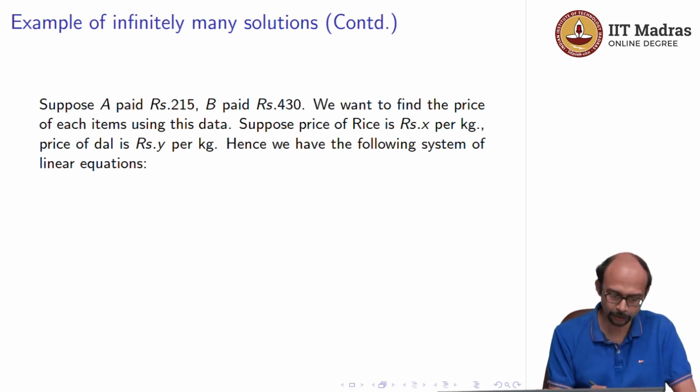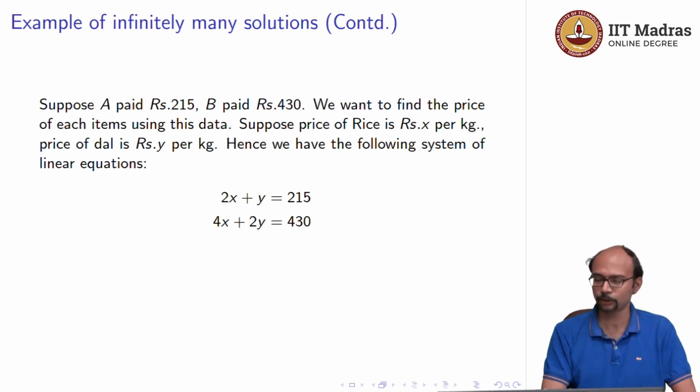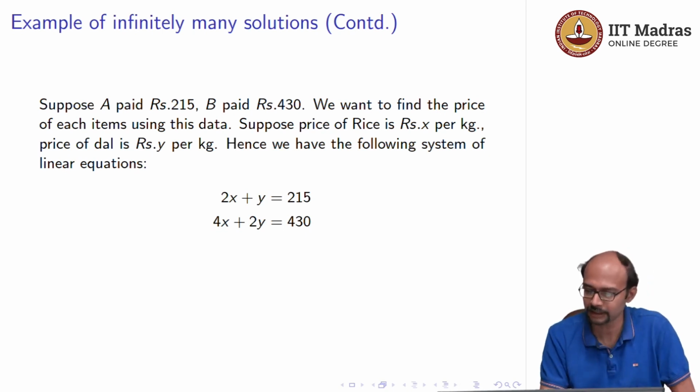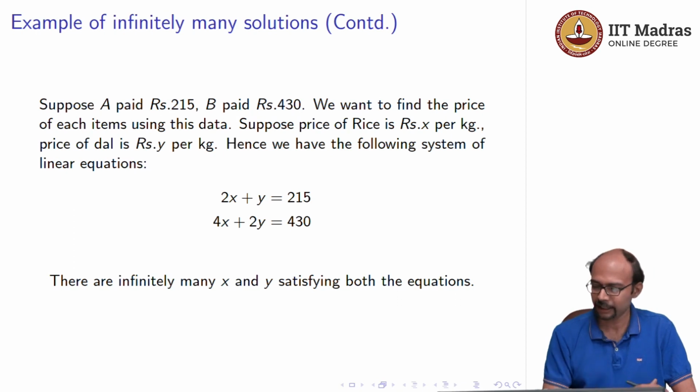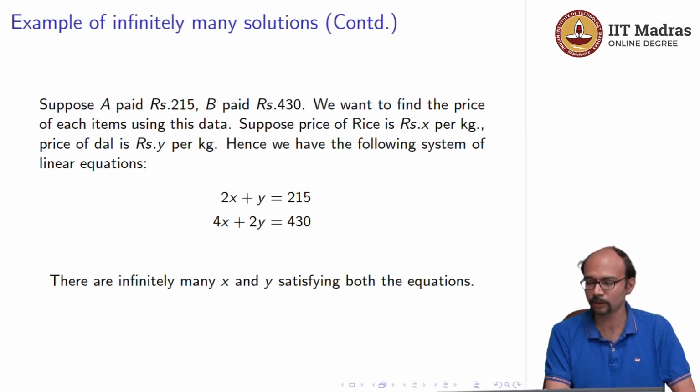So we put this into the form of linear equations: 2x plus y is 215, 4x plus 2y is 430. There are infinitely many x and y satisfying both equations. I'll encourage you to find out why that's the case.